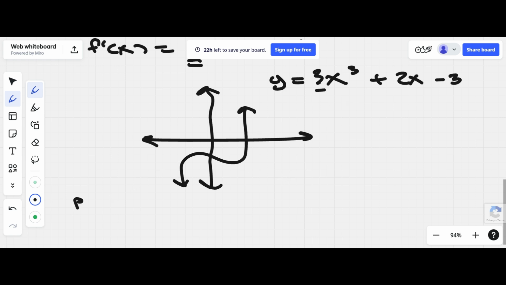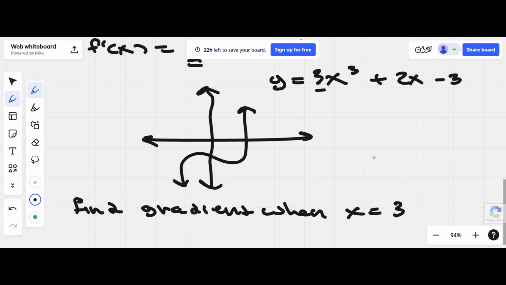Now, I told you, find the gradient when x equals 3. So we have to find the derivative of this line.